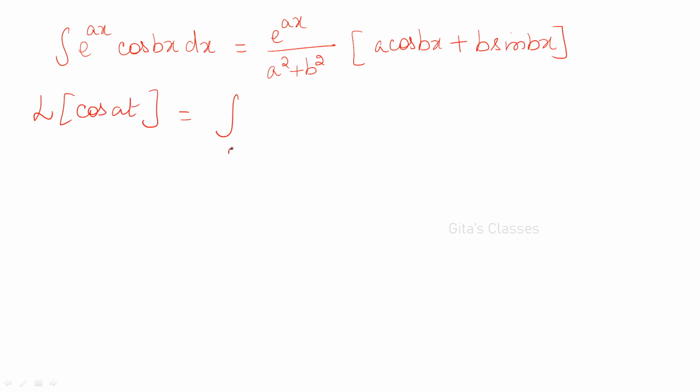L of cos at is, by definition, the integral from 0 to infinity of e power minus st cos at dt. Here again, in the place of a we have minus s, and in the place of b we have a.